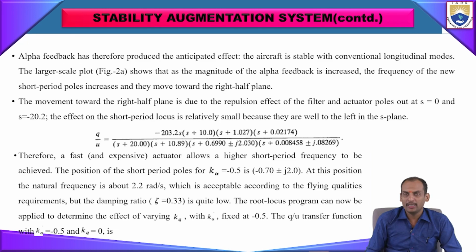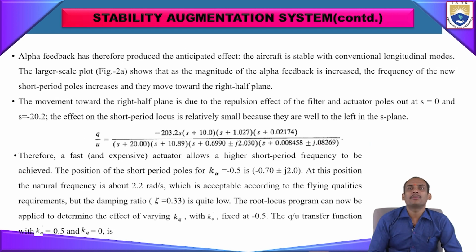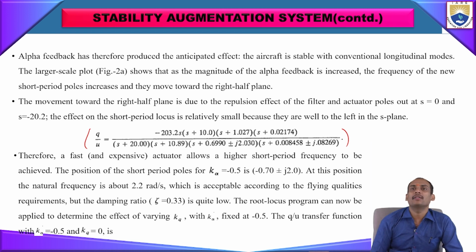For that, the transfer function with respect to velocity will be q/u = -203.2 (s + 10)(s + 1.027)(s + 0.02174) / [s (s + 20)(s + 10.89)(s + 0.69 ± j2.303)(s + 0.008458 ± j0.0869)].